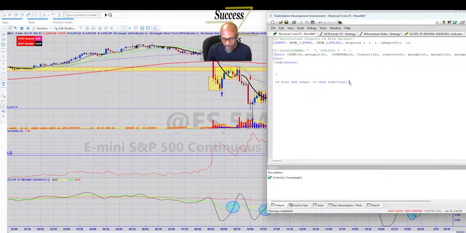All right. Let's just see what this looks like if we were to plot this. We'll say if red C, then plot 1 low. We're going to make this black just so it stands out. Nope. We're going to make it green.